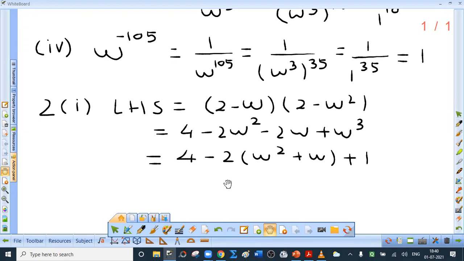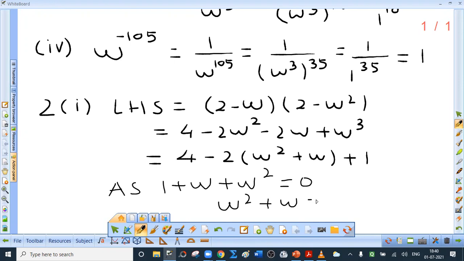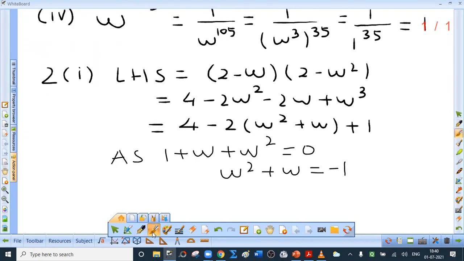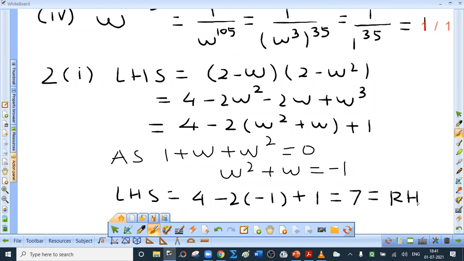Open all the brackets. Omega cube is 1. Now I will say as 1 plus omega plus omega square equal to 0. You can treat this as standard result. Omega square plus omega is minus 1. Substitute. So LHS is 4 minus 2 minus 1 plus 1. This is nothing but 7, which is the right hand side.